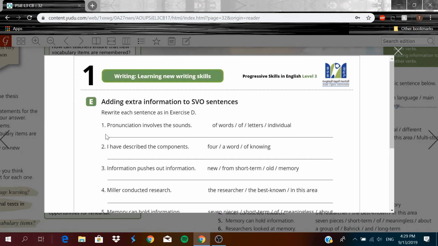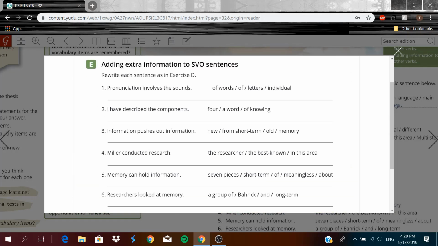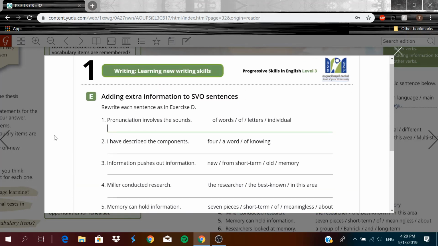So here we have rewrite each sentence as an exercise D. Okay, so again, it's the same exact exercise. So let's keep going, why not? So we have pronunciation involves the sounds, and then we have of words, of letters, and individual. What do you guys think?